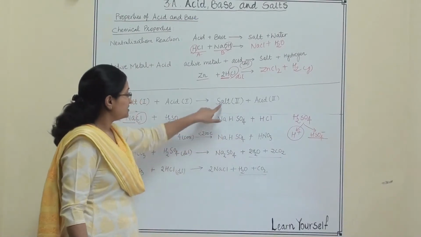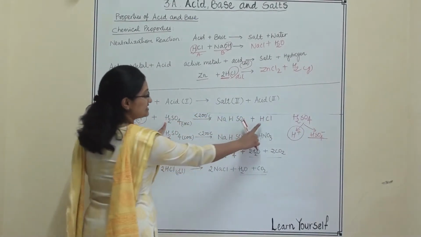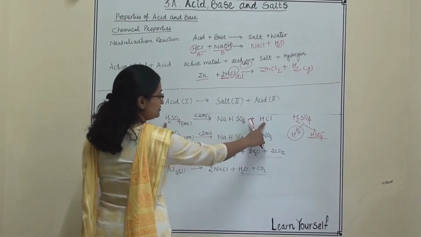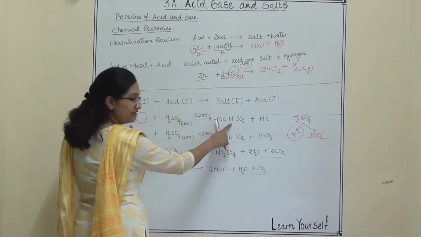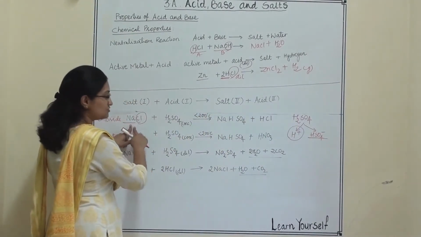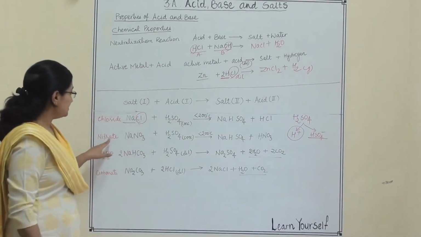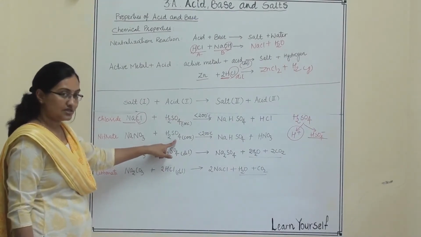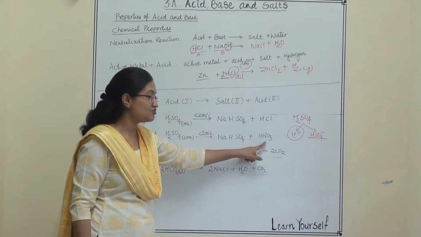So this is our second salt and this is also an acid, but this acid and this acid are different. So this is acid 1 and this is acid 2. This is also a salt and this is also a salt, but both are different. So that's why this is salt 1 and this is salt 2. Similarly, when metal nitrate, sodium nitrate, reacts with concentrated sulfuric acid, it gives us NaHSO4 and HNO3.